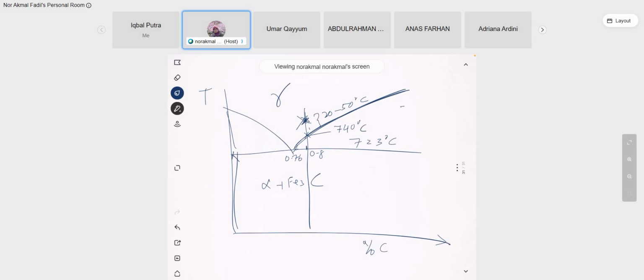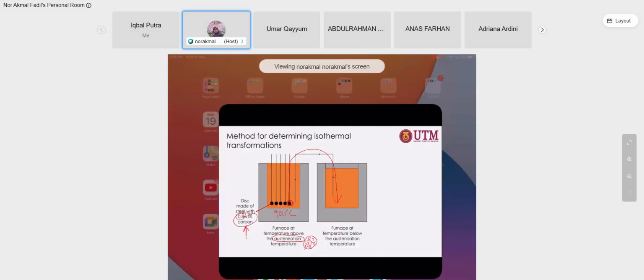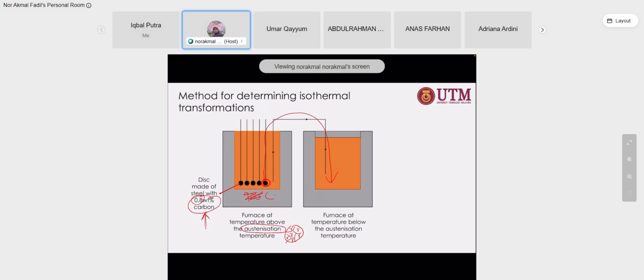Let's say this is the limit, so to achieve austenite you take 760 degrees Celsius. The temperature for austenite for this 0.8% carbon steel is 740 degrees Celsius.